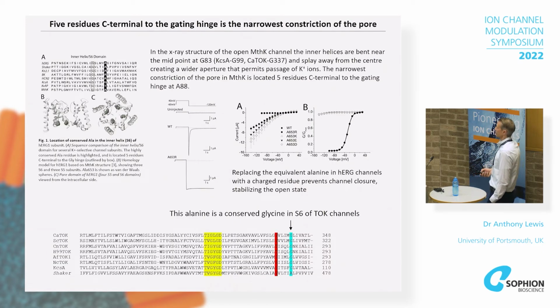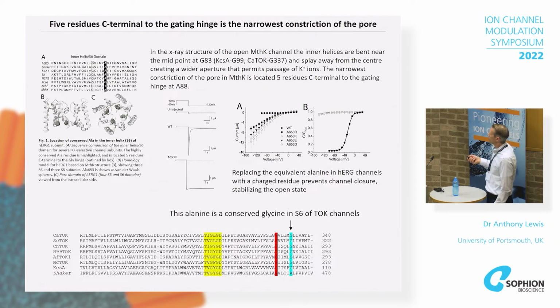So coincidentally, it turns out that the residues that we hit had been described before. So, as I said, the glycine in KcsA at position 99 is known as the gating hinge, and 5 residues C-terminal to that in MthK is an alanine, and this is the narrowest part of the pore in MthK.